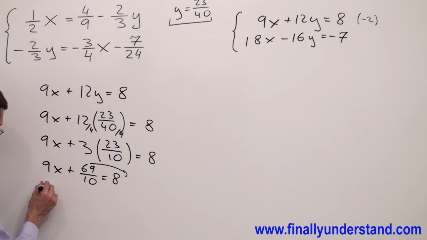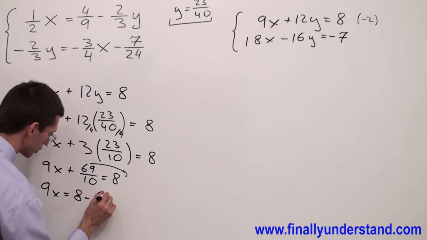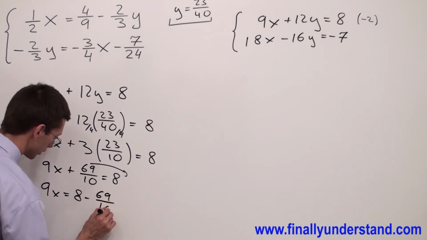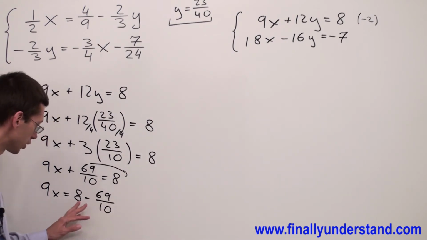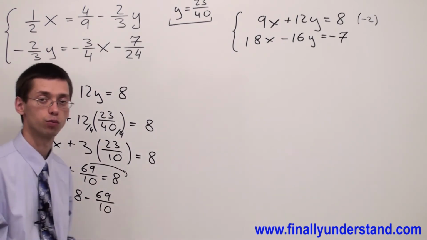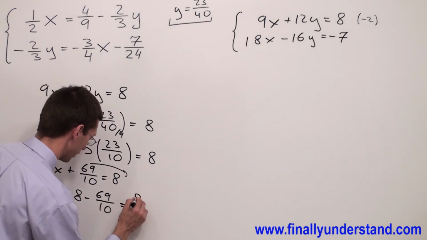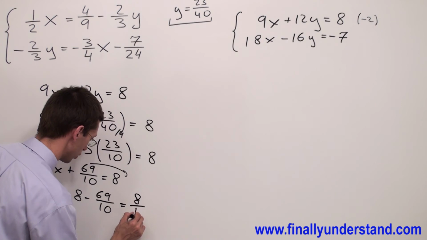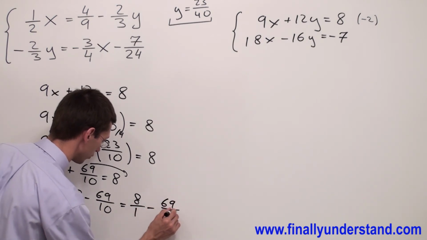And we're going to have 9x equals 8 minus 69 over 10. Please notice that we're supposed to subtract the fraction from the whole number. So in this case, we're supposed to convert the whole number to a fraction, and we are going to have 8 over 1 minus 69 over 10.